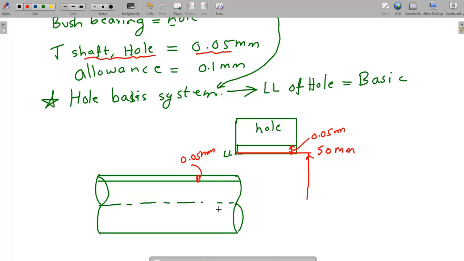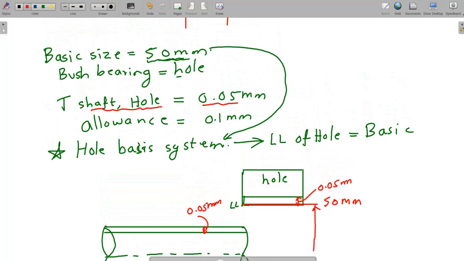And now allowance is given as 0.1. What is the definition of allowance, or the formula of allowance? Who remembers? Allowance means the gap that remains inside, that I call allowance. So in this case, allowance is the lower limit of hole and upper limit of shaft.